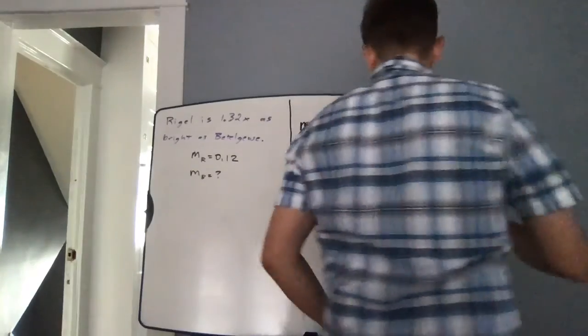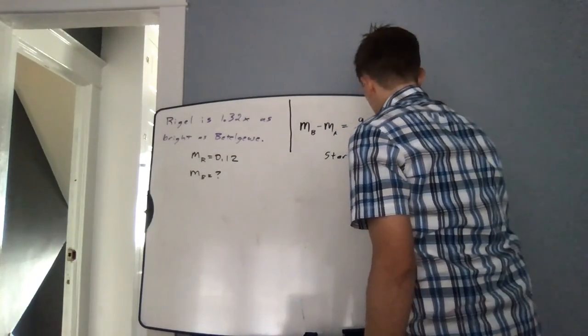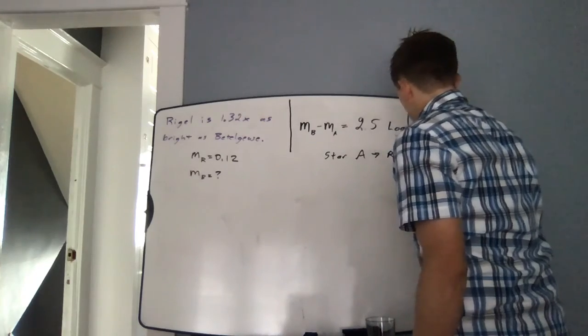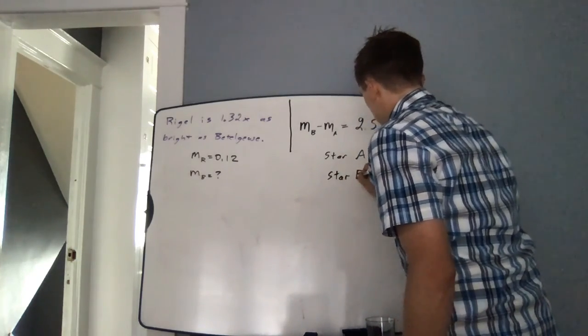So I'm going to say star A will be Rigel, and star B will be Betelgeuse.